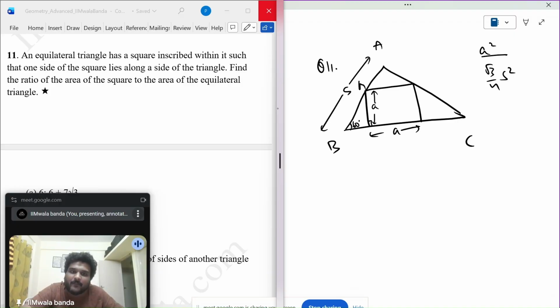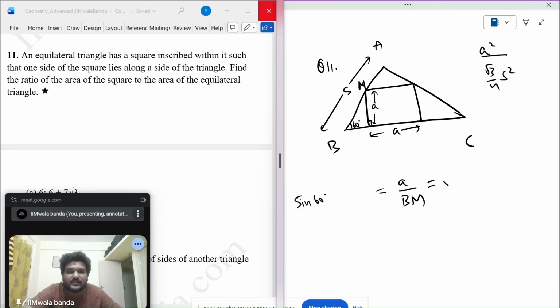Let this be M. BM, let's find out through trigonometry. Cos 60 is base upon hypotenuse. This I don't know, but this I know. Let's put sine 60, perpendicular upon hypotenuse.